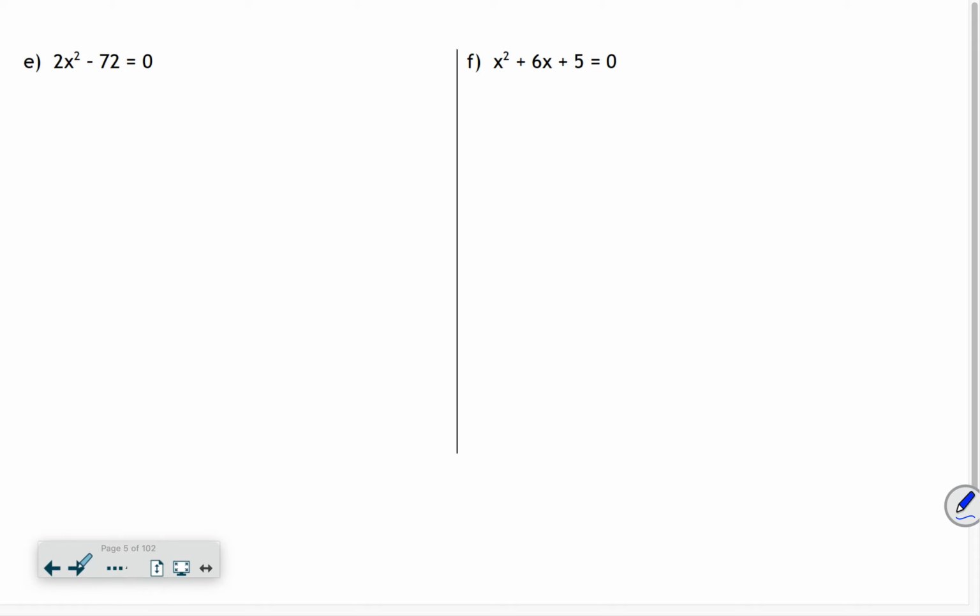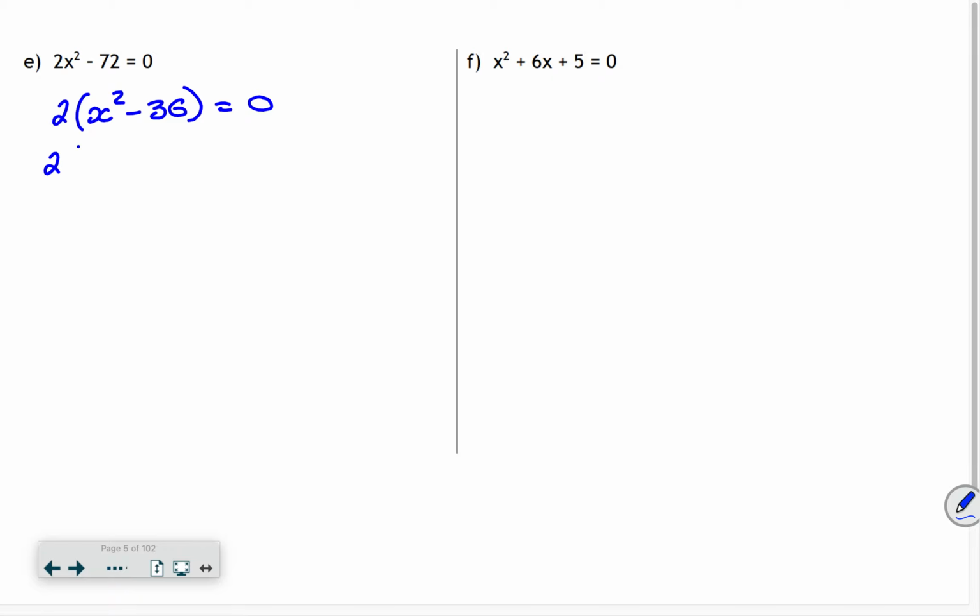Next one, we have 2x squared minus 72 is equal to 0. So take out a common factor of 2 here. That will be 2 brackets x squared minus 36 equals 0. Then look in the bracket. We're still not done yet because we have a difference of two squares inside the bracket. So let's go ahead and factorize that.